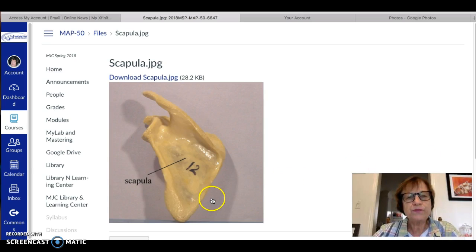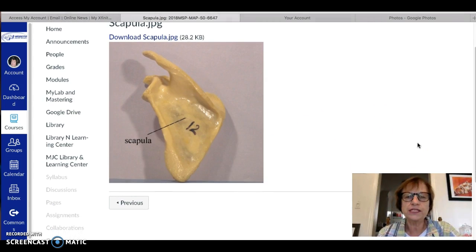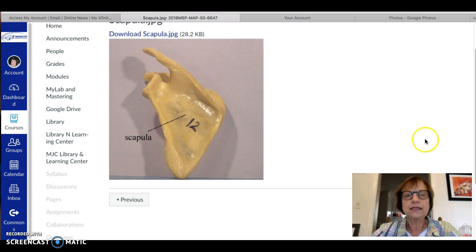This would be a scapula, which is part of the pectoral girdle, which connects with the clavicle, and the arms connect. Here you have a socket, and the ball at the top of the humerus forms a ball and socket joint at the shoulder.